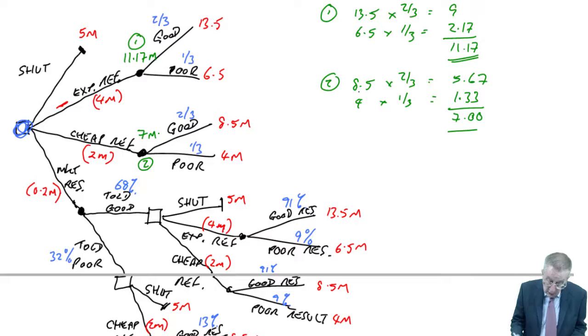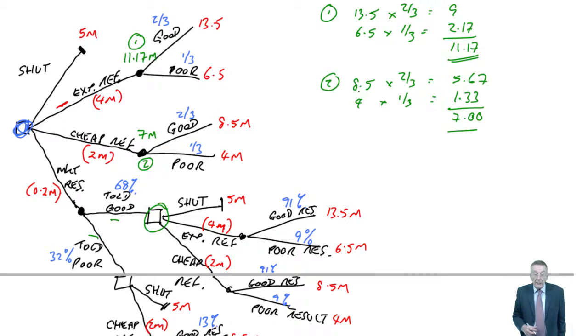What about the next one though? Market research. Okay, at 0.2 million, we know there's a 68% chance it'll be good, 32% it will be poor, but I can't do what I've just done until I know what the return will be from good and poor, and I don't know what the return will be until I know what I would decide.